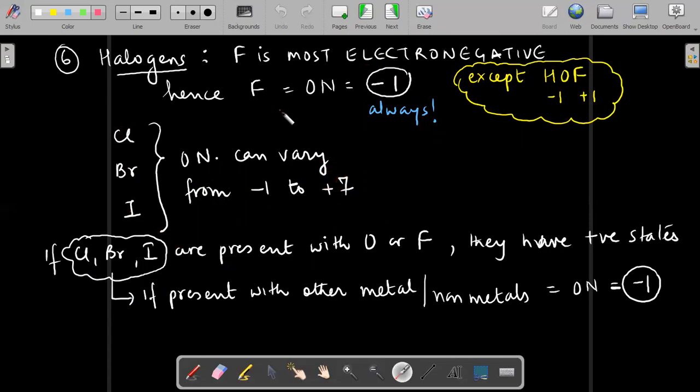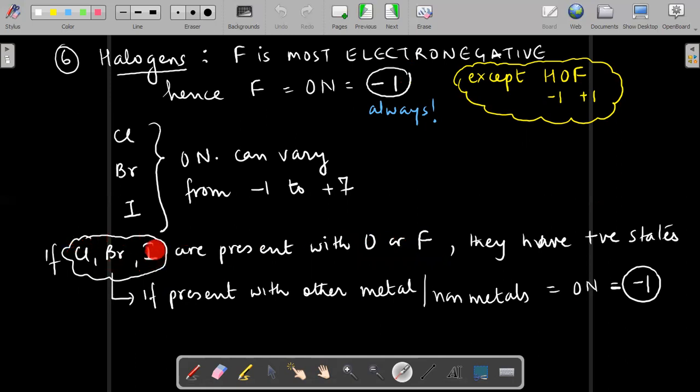और ठीक है, elemental form आप लोगे, fluorine का elemental form is F2. In that case it is 0. But जब भी ये ionic form में आएगा या bonded form में आएगा, covalent bond में आएगा किसी और compound के साथ, oxidation number या state is always -1. ठीक है. अब ये chlorine, bromine, iodine, when they are present with oxygen और fluorine, तो they have positive states. क्यों? Because oxygen and fluorine are more negative as compared to chlorine, bromine, iodine. So when chlorine, bromine, iodine are present with oxygen or fluorine in covalent bonds, oxygen fluorine का nature is more negative, तो इनके ऊपर चार्ज भी क्या आता है? नेगेटिव.